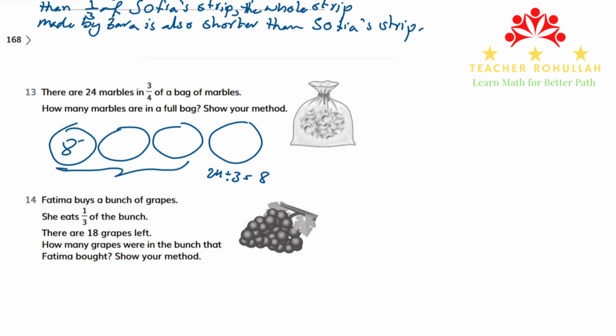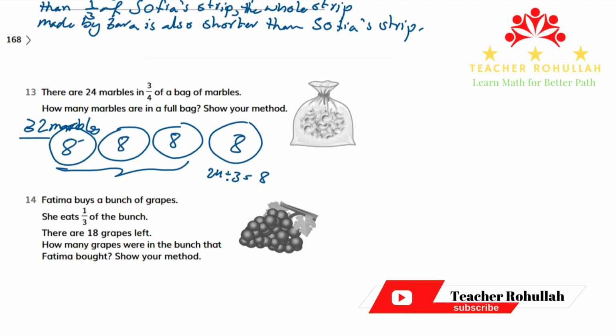Means in each of these groups we have 8 marbles, so here also we have 8 marbles. If 3 of them is 24, then 4 of them will be equal to 32. The whole bag will have 32 marbles. I can write here 32 marbles. This is the answer to question 13.